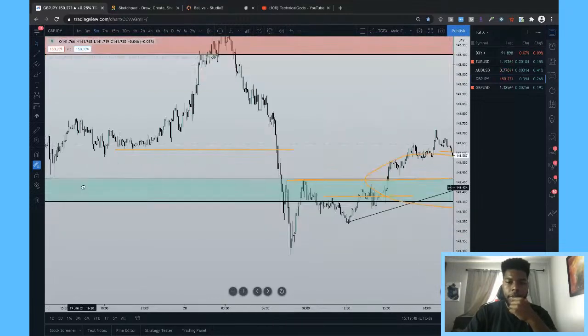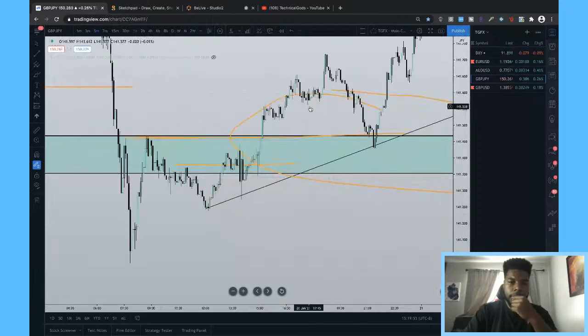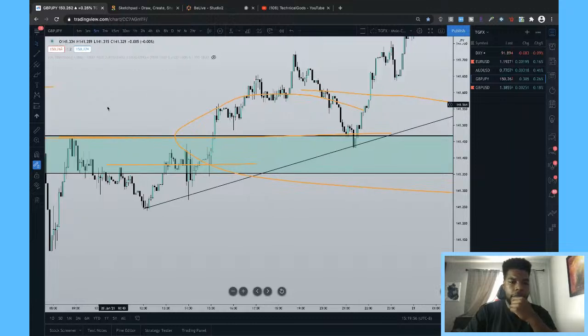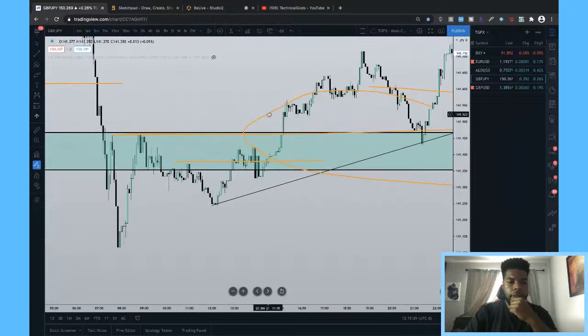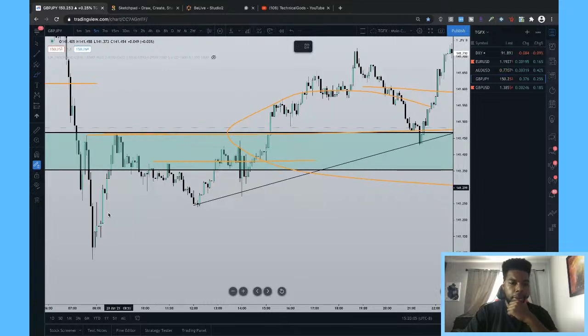All right, so here we are on the 5-minute. What you can see is that overall, price started its transition on M5 here. Or actually, we can call it here, because we broke resistance here and we pushed up.